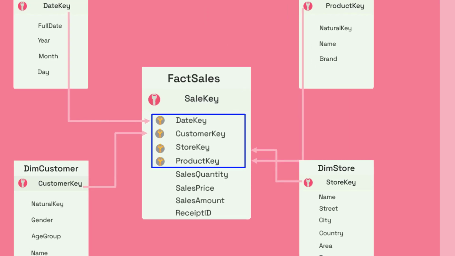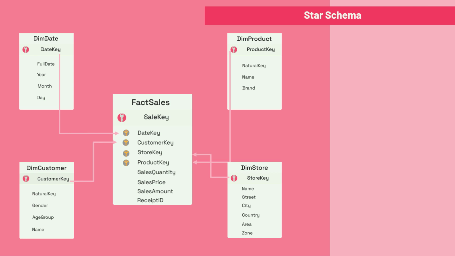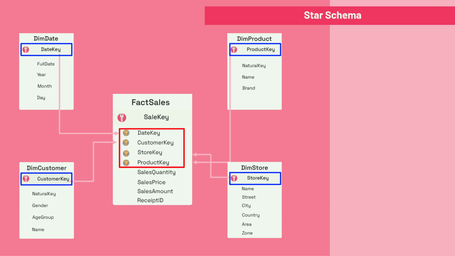And the same fields are repeated in our fact table, using the product ID, date ID, store ID, and customer ID, but this time as foreign keys. Look here, all the 4 fields defined in dimensions as the primary key are considered as the foreign key in the fact table.